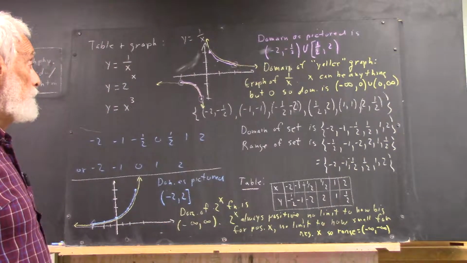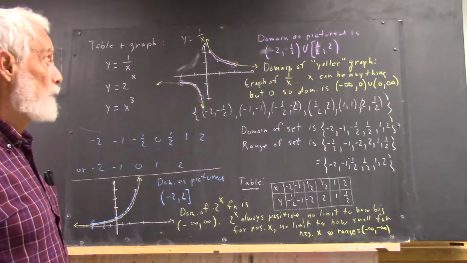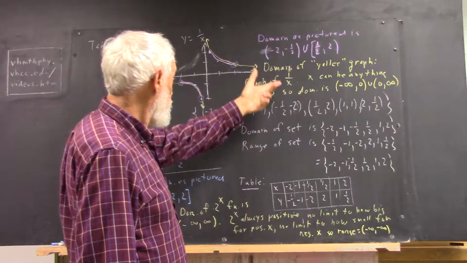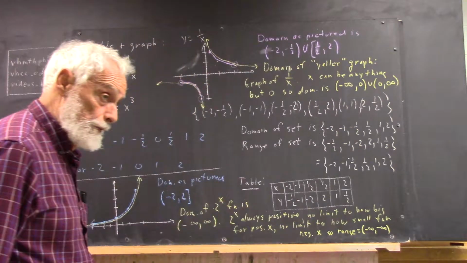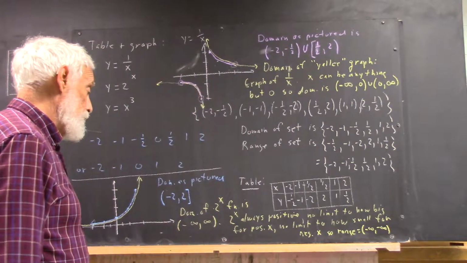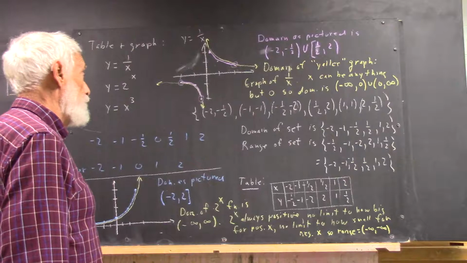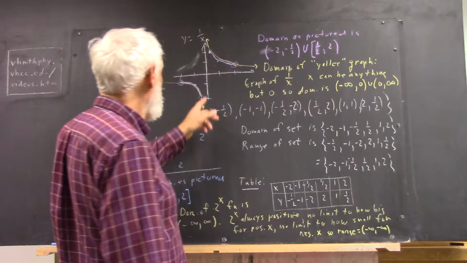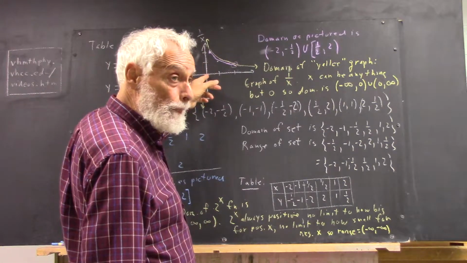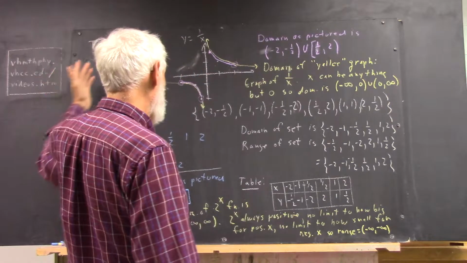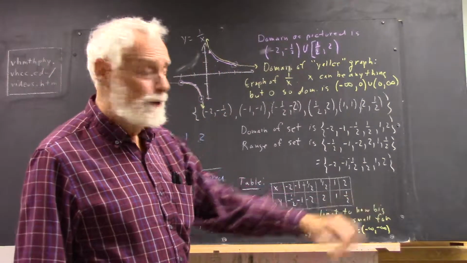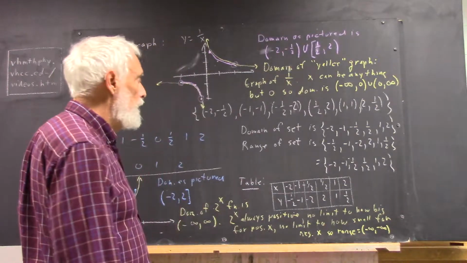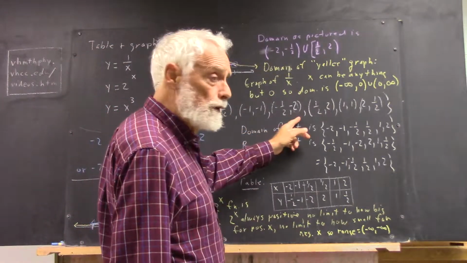Now we could do the yellow graph, where we extend this graph as far as it will extend. Now, the one thing that we can't do with the graph is extend it through x equals 0. We have it on one side of x equals 0, and on the other side of x equals 0, but we can't include x equals 0 for the same reason that the x equals 0 point was not included in this set.